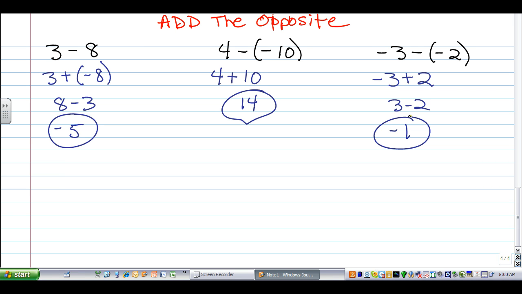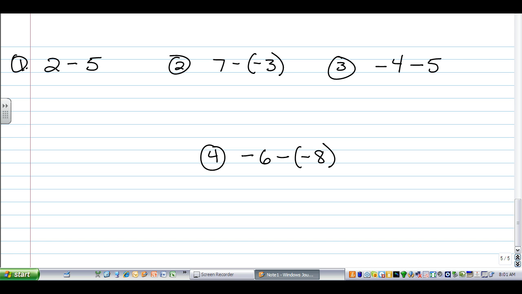All right. How about you try some on your own? Okay, here are 4 different types of problems that you might see on a test for subtracting integers. Remember, what are we going to do?